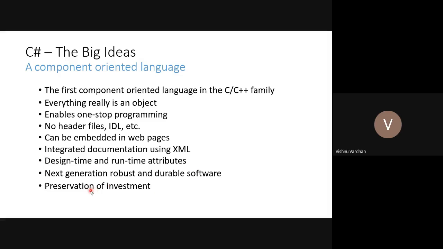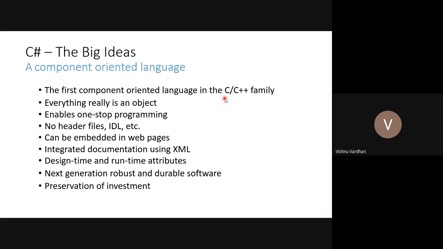Okay, then preservation of the investment. With the previous technologies like the C++ families, even if you have developed a very good product, there are certainly going to be some issues related with the architectures and current latest platforms. Maybe some of the portions may not be working, some memory leaks may be occurring.